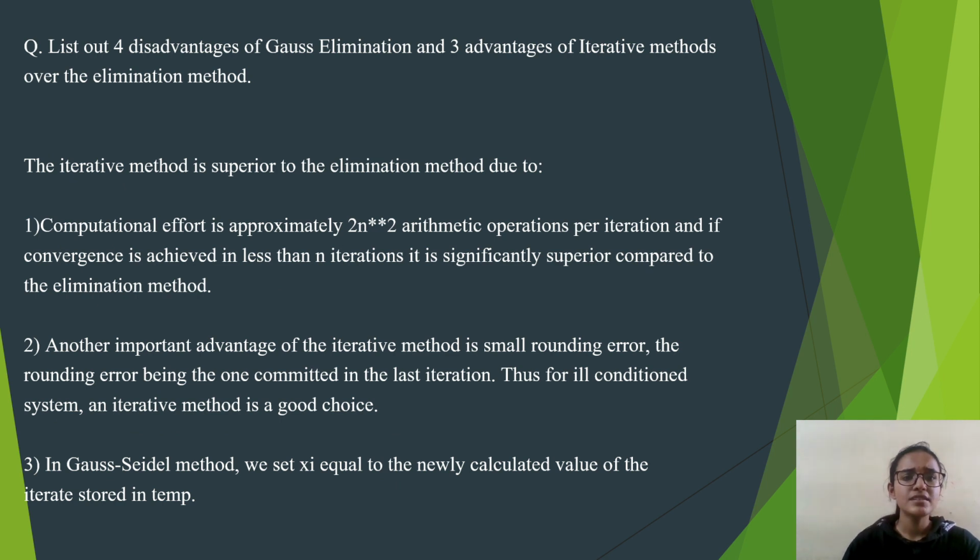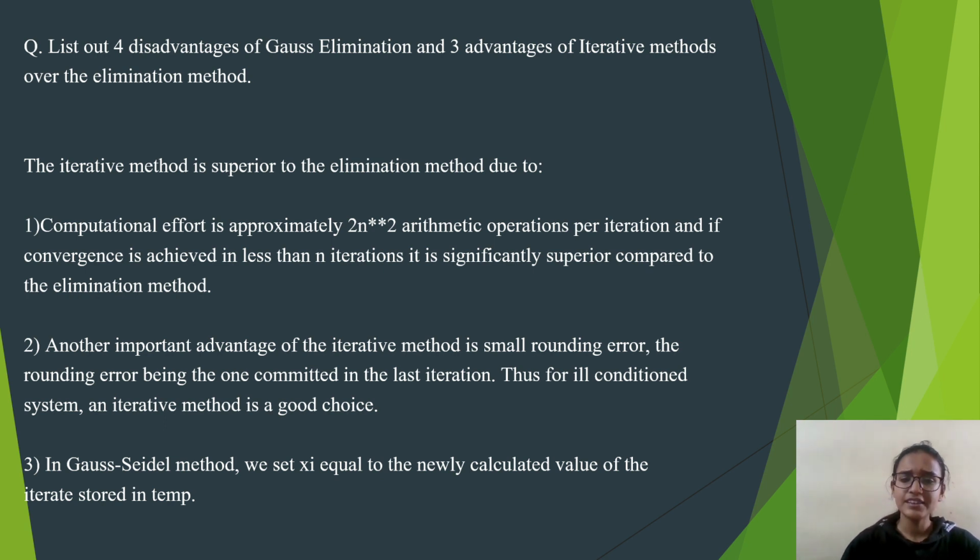The next question is, list out 4 disadvantages of Gauss elimination and 3 advantages of iterative methods over the elimination method. So the iterative method is superior to the elimination method due to its computational effort, which is approximately 2n raised to the power 2 arithmetic operations per iteration, and if convergence is achieved in less than n iterations, it is significantly superior compared to the elimination method.